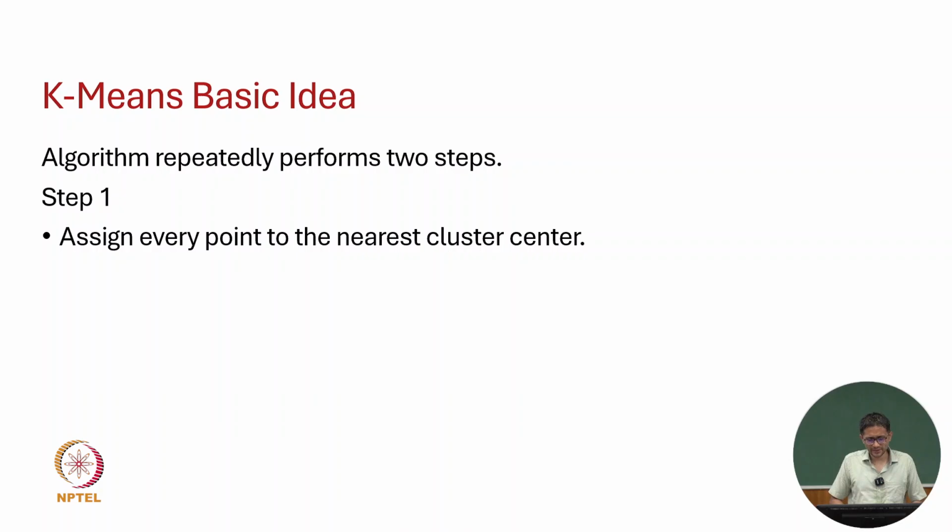So let's say we have a few cluster centers. The algorithm will assign all the points. Okay. First of all, to have the cluster centers, of course, we need to have a fixed number of clusters. So let's say we have them. Given that, the algorithm will assign each point to the nearest cluster center.